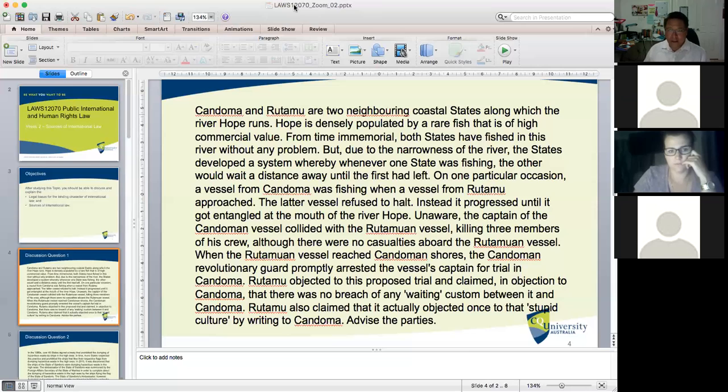So that's good. That's correct, Adrian. Thank you. So that is the legal issue, whether or not there is an international custom. Well done. Thank you. Now, what is the rule concerning international customs?